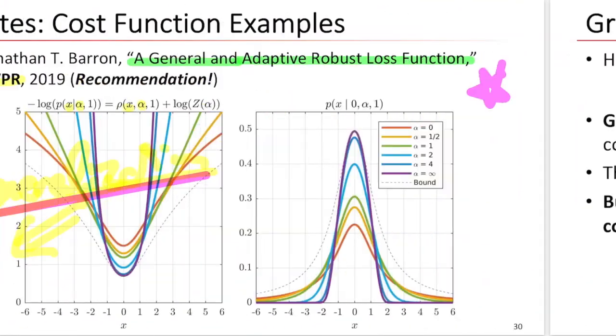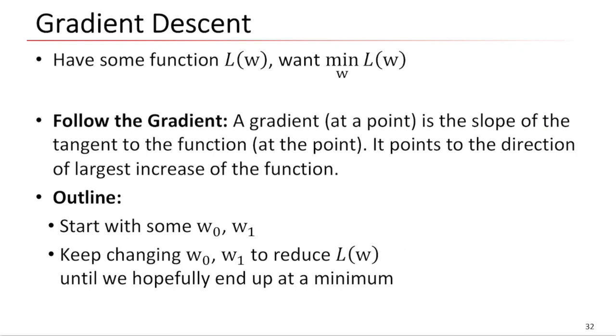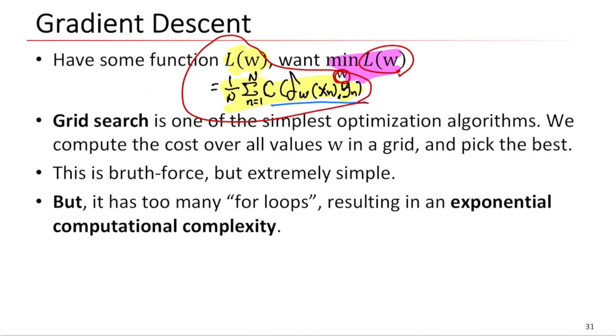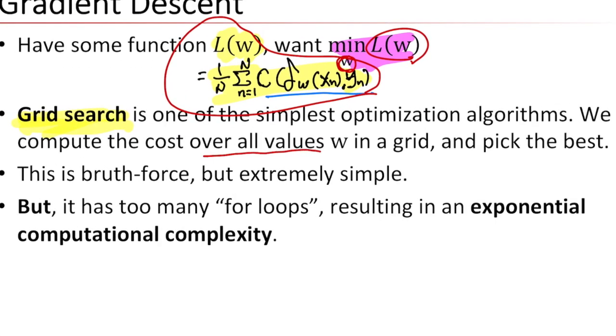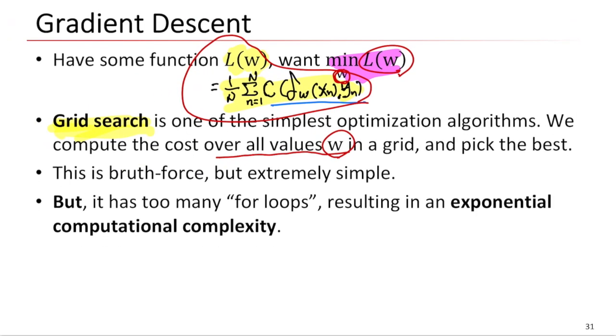Actually, this procedure is called grid search. The grid search is one of the simplest optimization algorithms. We compute the cost over whole values W in a grid and pick the best. This is very brute force, but it's extremely simple.